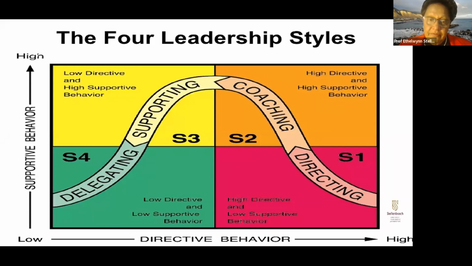All right, so that was just to explain in these 4 quadrants where the high directive and low supportive is, in the directing quadrant, where that dominates. Then coaching is 2, and 3 is the supportive environment, low directive, high supportive behavior.